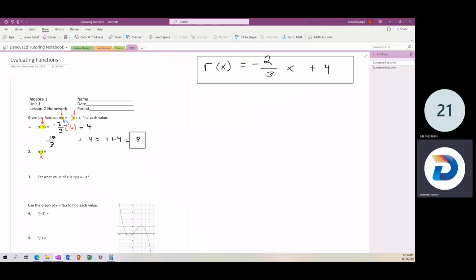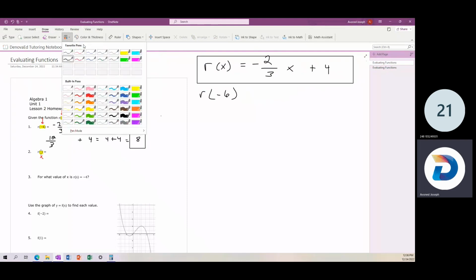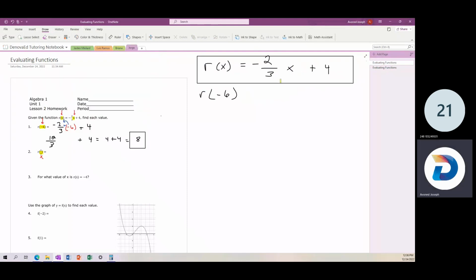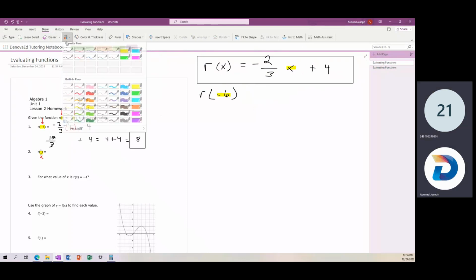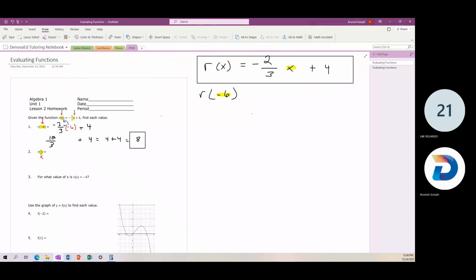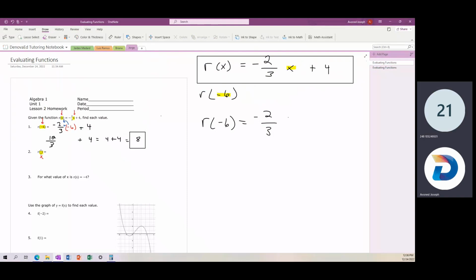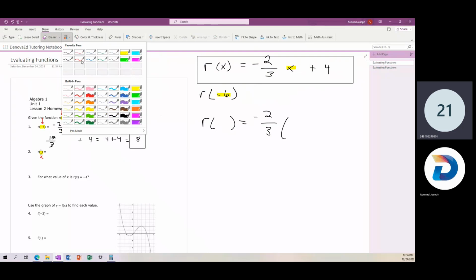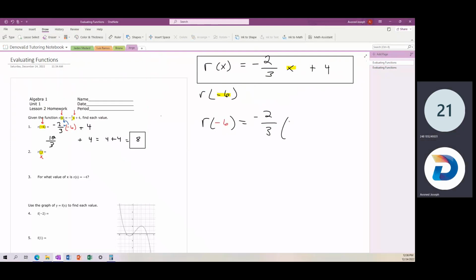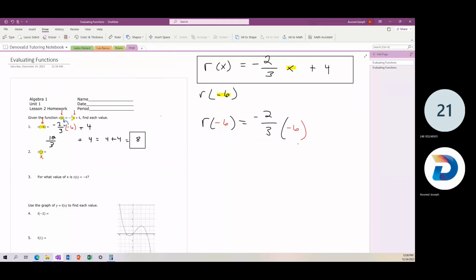We've already done r of -6, right? Anytime we see x in this equation, -6 will go for x. So if we write this, we have r of -6 is equal to -2/3 times -6, plus 4.